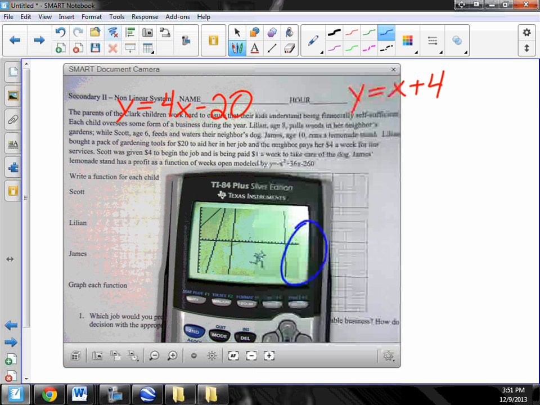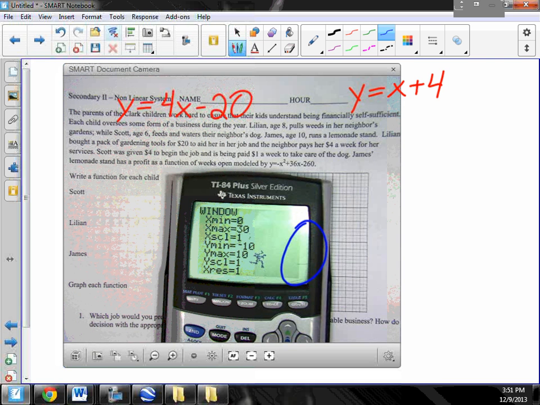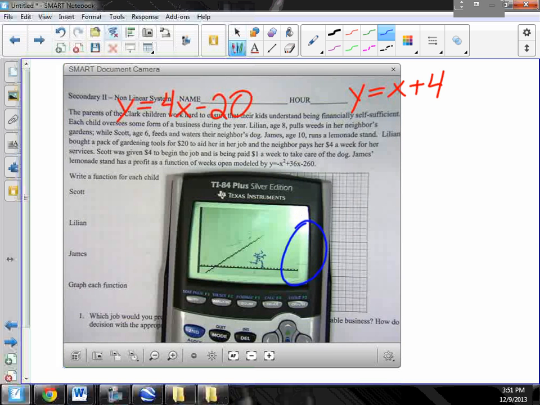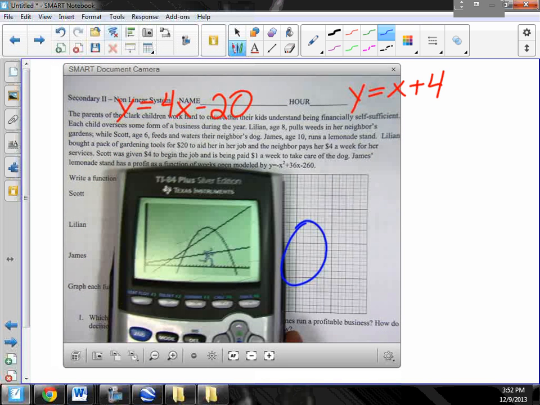Now I need to go up a whole bunch. I can't see the intersections, so maybe from negative 10 to 100. Let's see what that looks like. That's pretty good. So those are the three graphs. Graph those on your paper, and they just kind of got to be close.